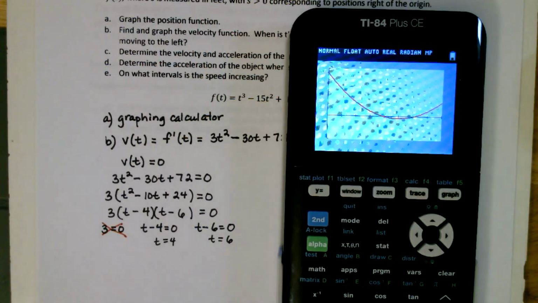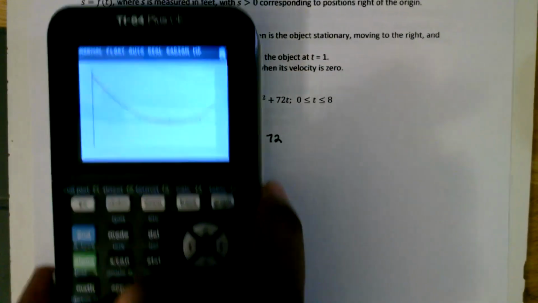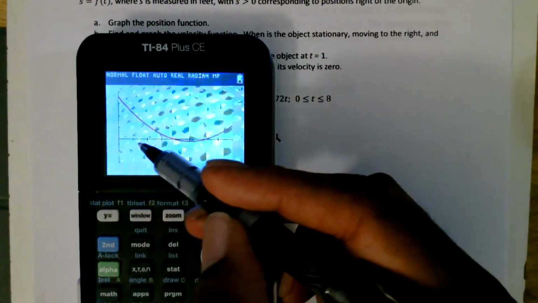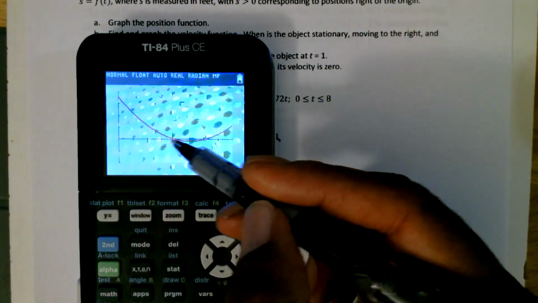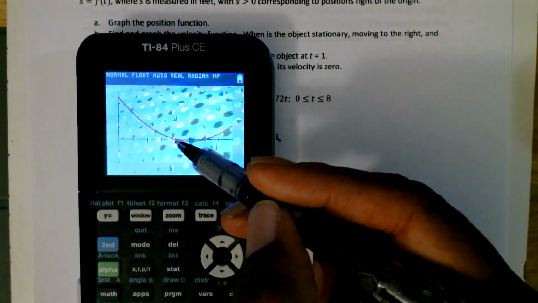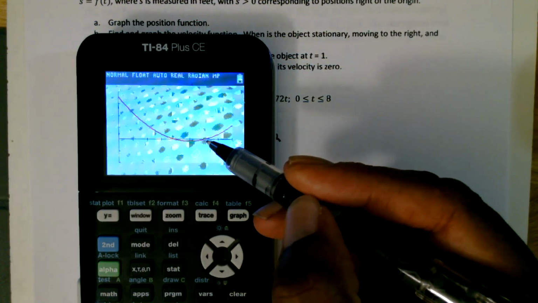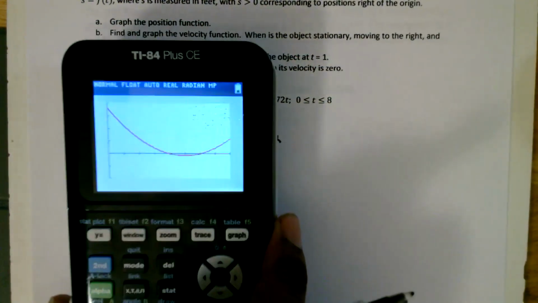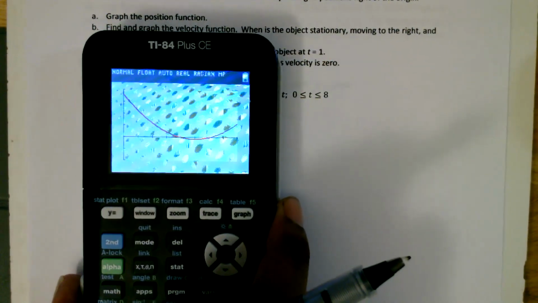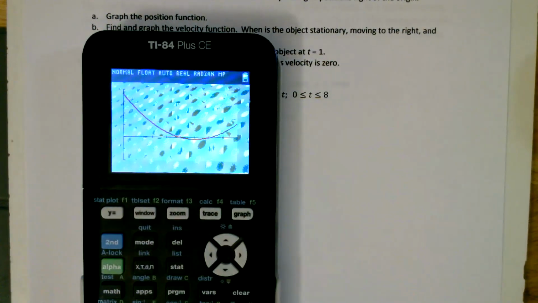And you can take a good look and see where, at 4, 1, 2, 3, 4, this curve is crossing the graph at 4 and is crossing the graph again at 6. Okay, so now we want to know where it is stationary and where it is moving to the left and moving to the right.